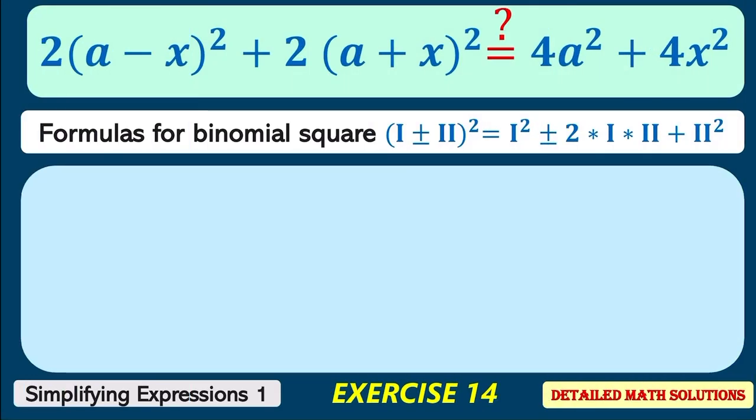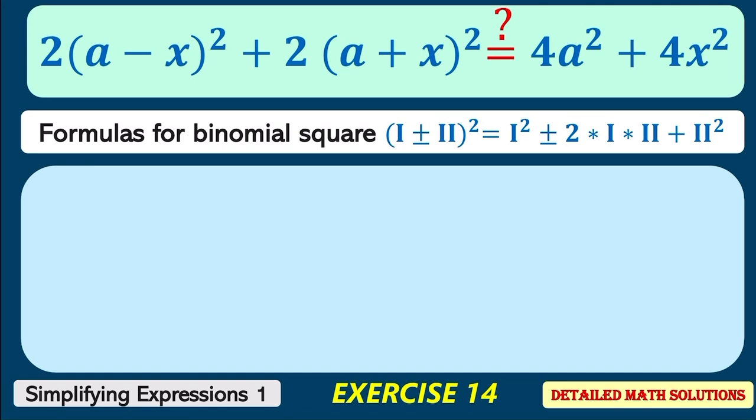Next, I'm going to follow the same approach to simplify the second expression and see if it's equivalent to 4a squared plus 4x squared. First, I'm going to expand the binomial squares a minus x in parentheses squared and a plus x in parentheses squared by using the formulas for binomial square.